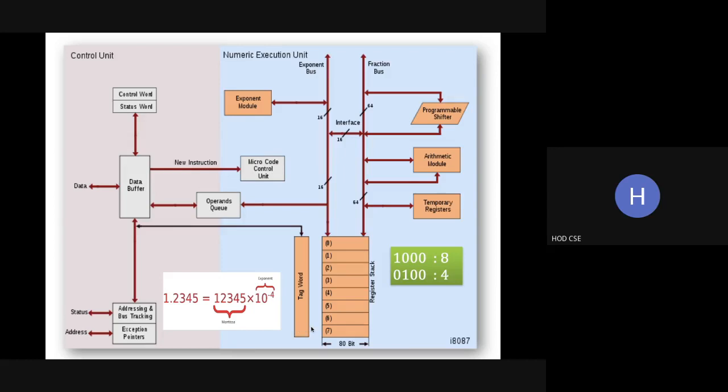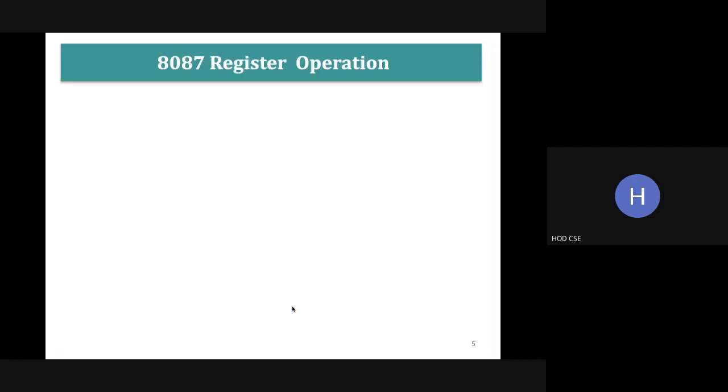So if the content is a valid value, or it is 0, or it is empty, that will be specified in the tag word register. The tag word register is a 16-bit register. We will be studying it in the later slides also. I hope you understood. Already I have explained in the previous class. So this is the architecture of 8087.